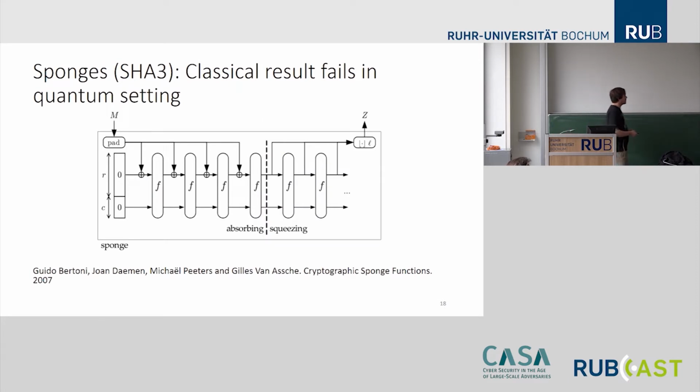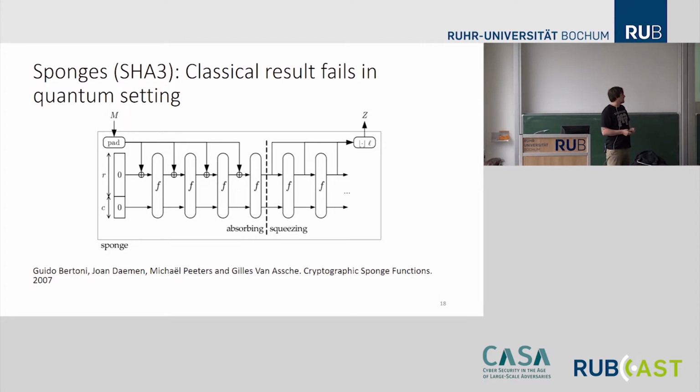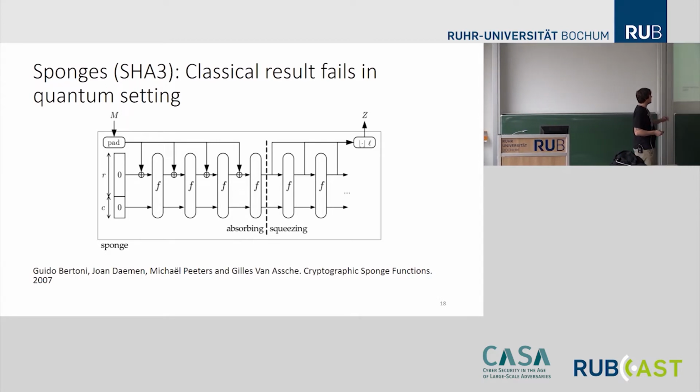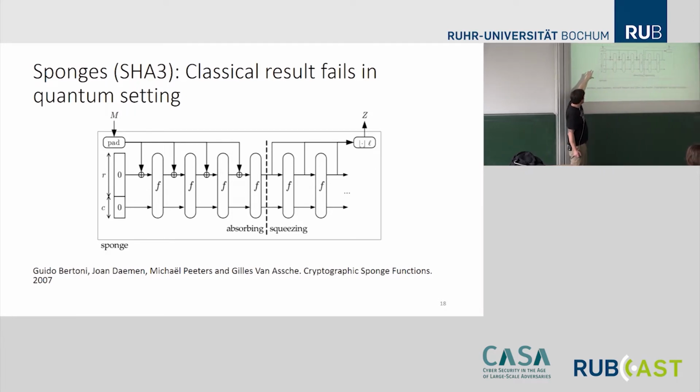If you move on to sponges, to the SHA-3 construction, then things get a bit nasty. So sponges look as follows. We've got an internal state which is split into a capacity and a rate. During the absorbing phase, where we process the message, in every step we XOR the next message block into the rate part of the internal state.